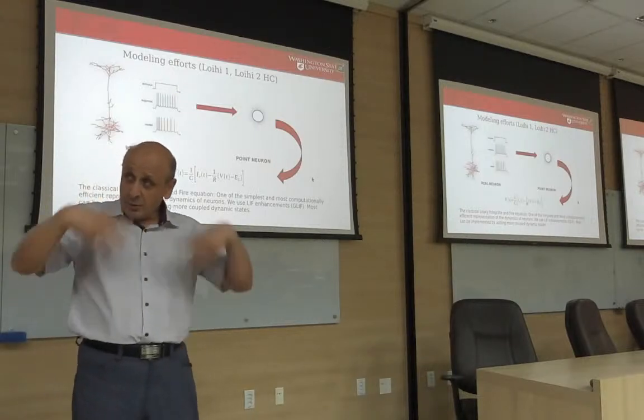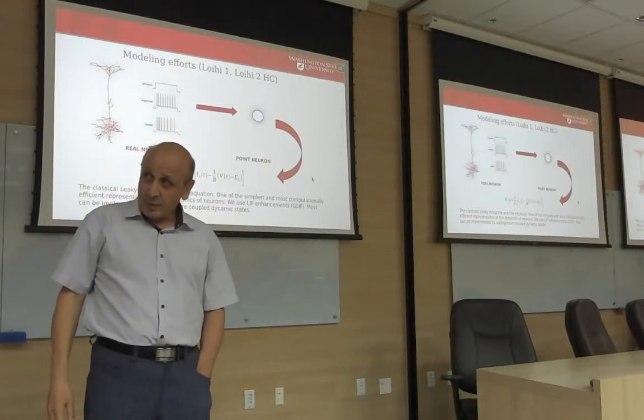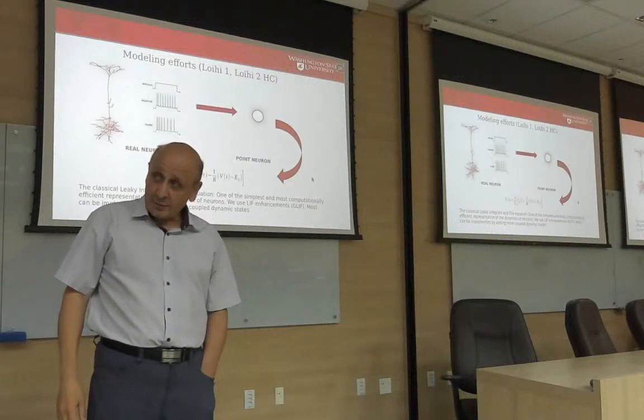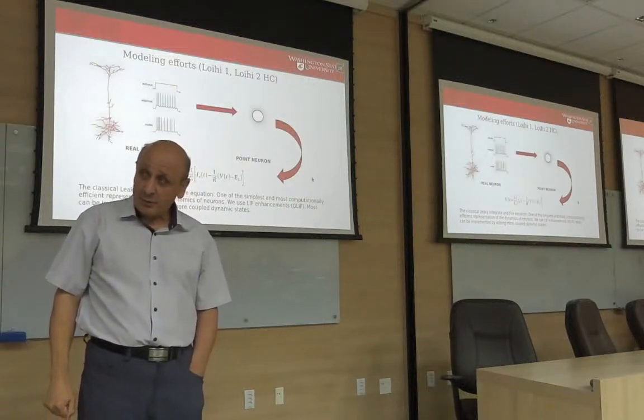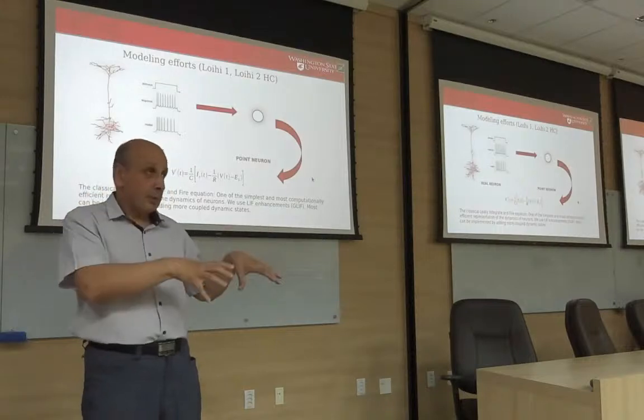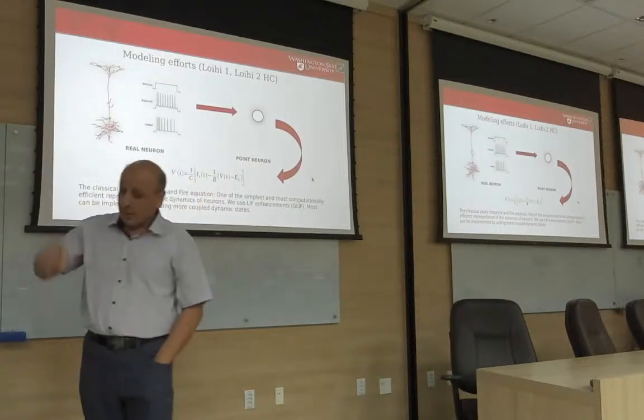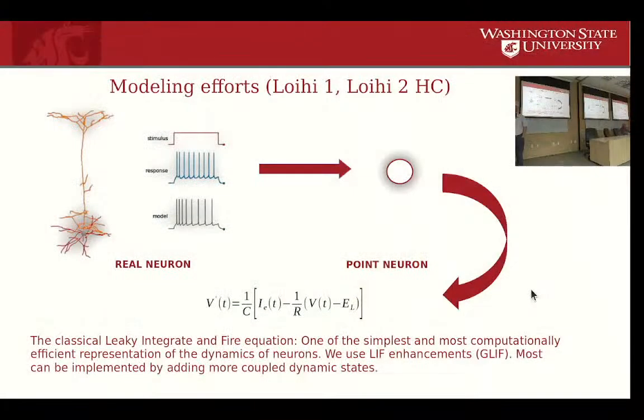So I'll continue with the specifics of one class of spiking neural networks and mapping those onto Loihi. So this is an example where we started with, on the biological side, typical neurons are pretty complicated objects. Here's an example of dynamics of those objects. What does it look like?